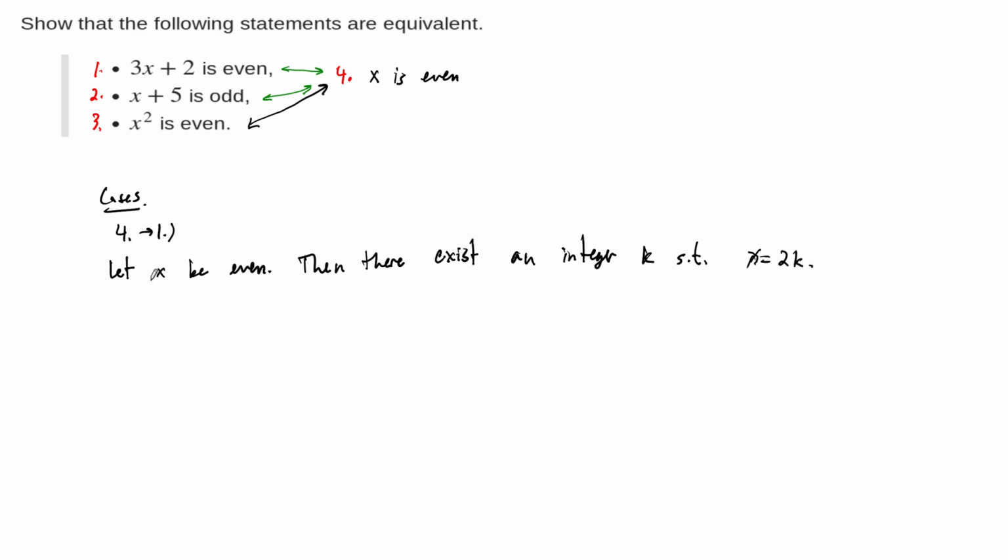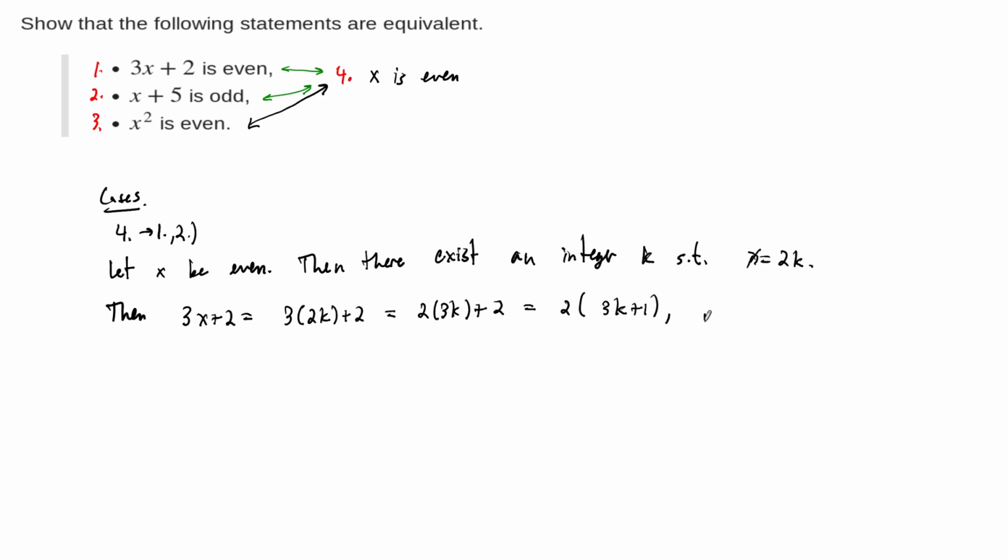So we're going to do two things here. Once we know that x is even, let's imply 1 and 2, so we'll take care of two things at once. First of all, 3x plus 2 is equal to 3 times 2k plus 2, which is equal to 2 times 3k plus 1.